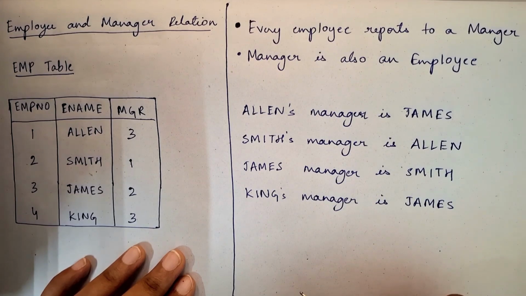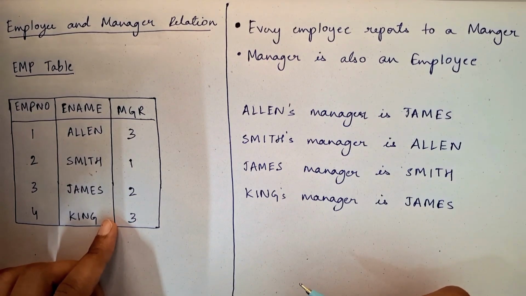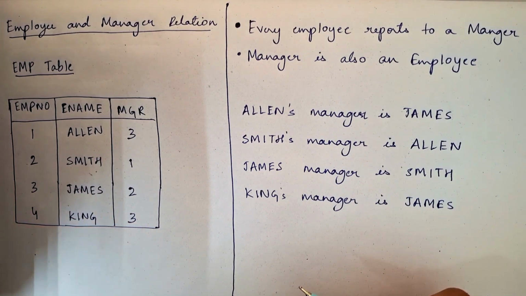So, instead of creating separate tables, we store both employee and manager details in a single table itself. So, this is called an employee manager relationship or a self relationship in SQL. This concept is used in real world scenarios like company hierarchy, reporting structure, and organization charts. Basically, wherever we need to understand who reports to whom.